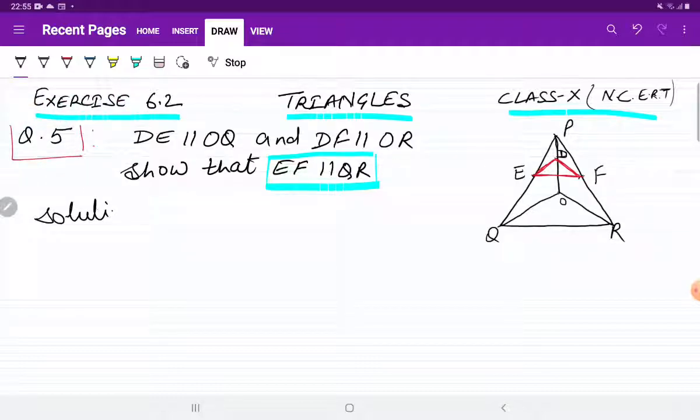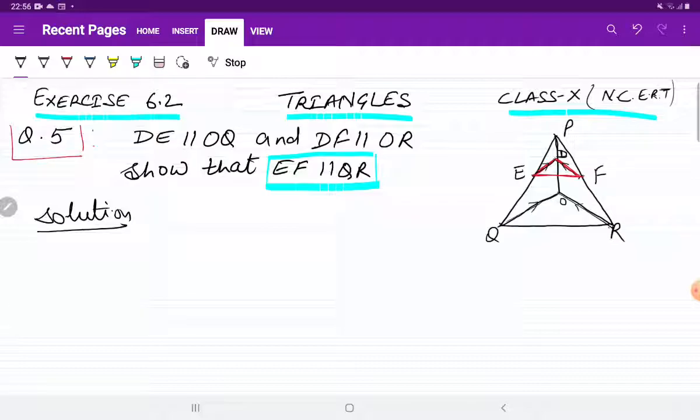We are given triangle PQR. So what is given in this question? Just give one look. In triangle PQR, you are given that DE is parallel to QR, and DF is parallel to QR.